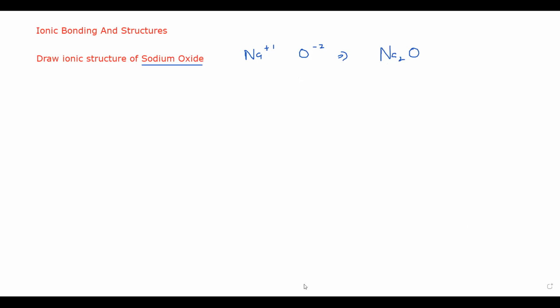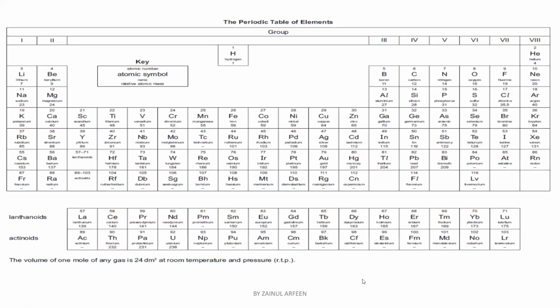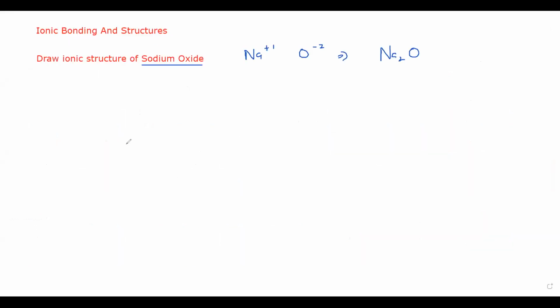How do we know how many electrons are in sodium? Again we use the periodic table, because the atomic numbers are given there. Sodium has 11 electrons and oxygen has 8. To draw the ionic structure, we draw 2 sodium atoms.